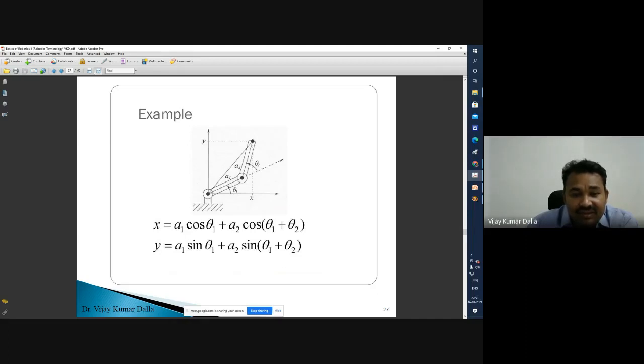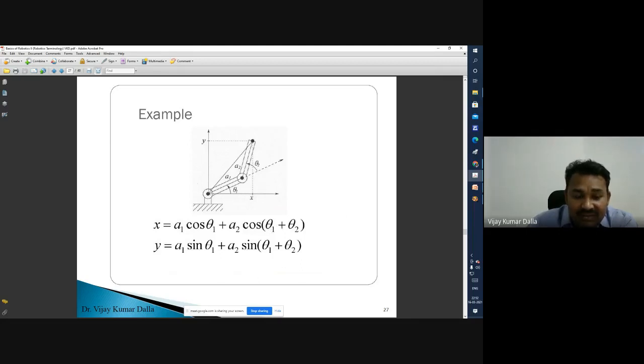Okay. Firstly, there are two terms in these equations. The first term is for link 1, the second term for link 2. In the second term, one thing is notable: theta 1 plus theta 2. Why have we added theta 1 again?